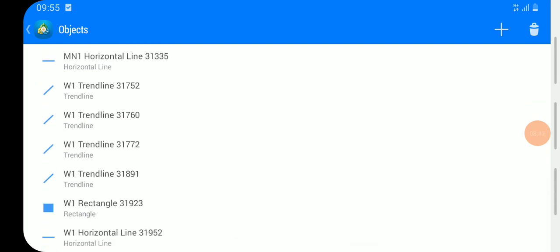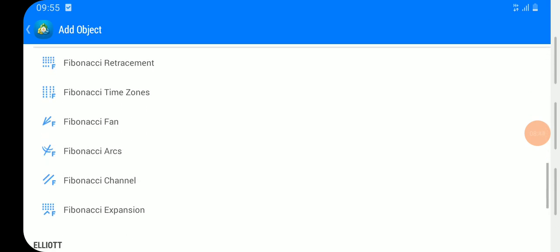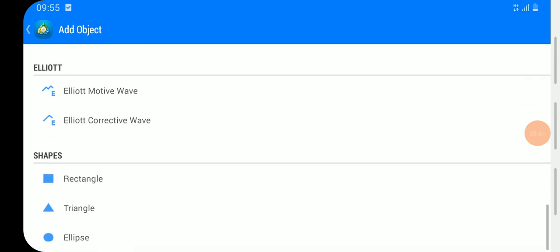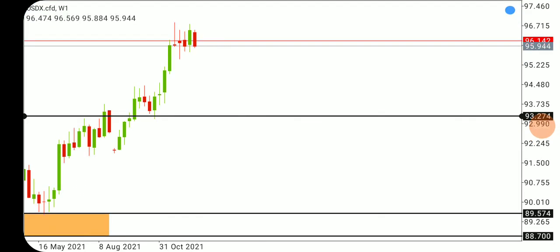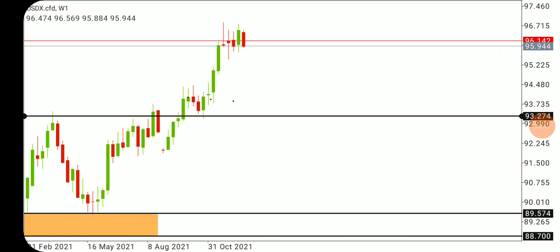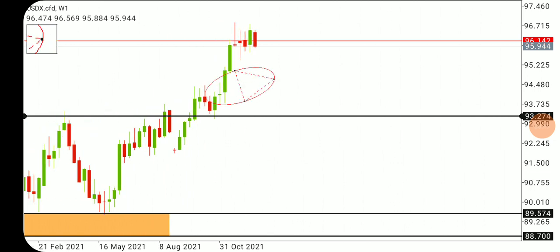I'll indicate that with an ellipse. Let me use an ellipse. Right here.